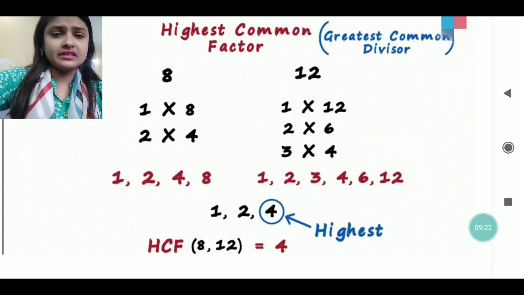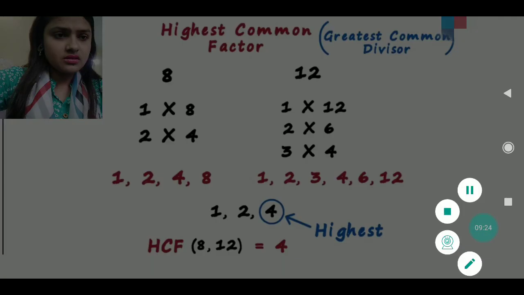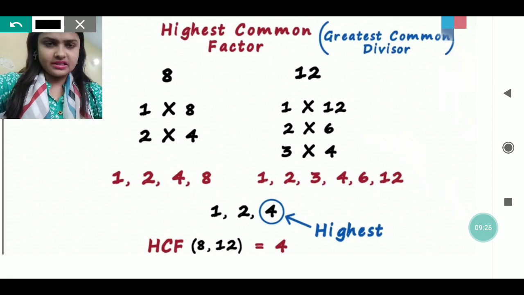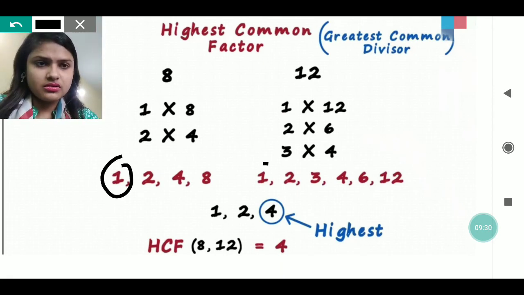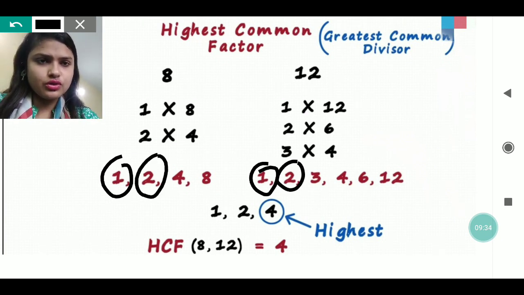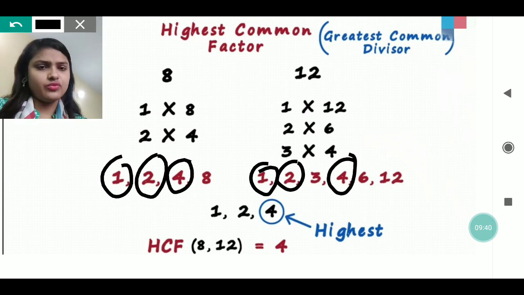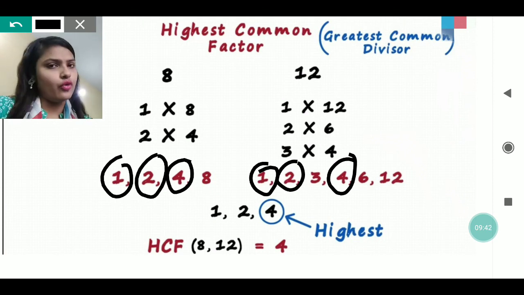Now the common factors in both. Common factors are 1, 2 and 4. No other common factor is there, only these 3: 1, 2 and 4.